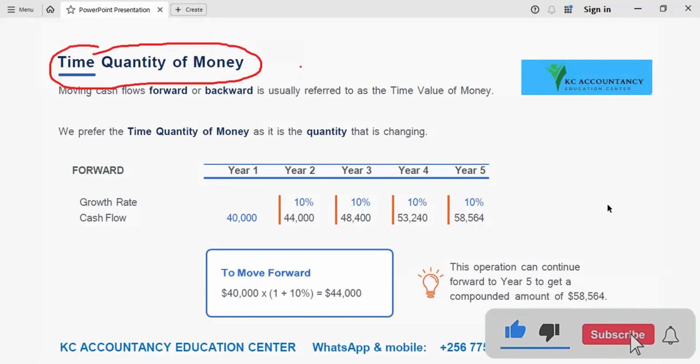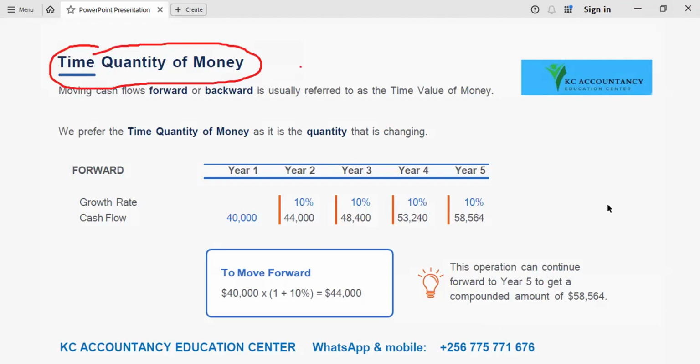Time quantity of money. Now, some of you may be surprised that this course is titled The Time Value of Money, as you can see up here. In fact, the process of moving cash flows forward or backward is usually referred to as time value of money.